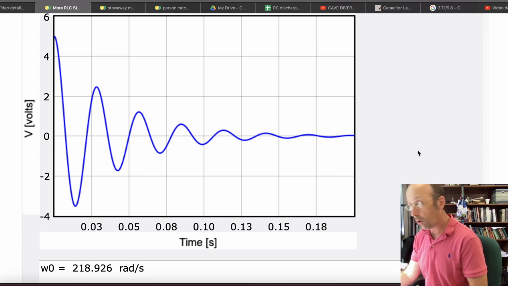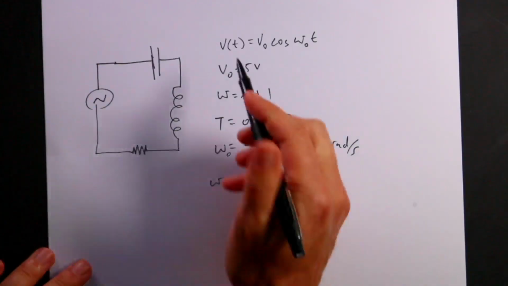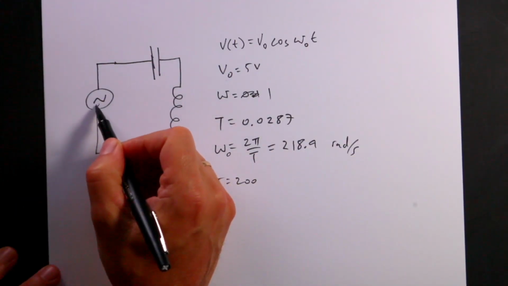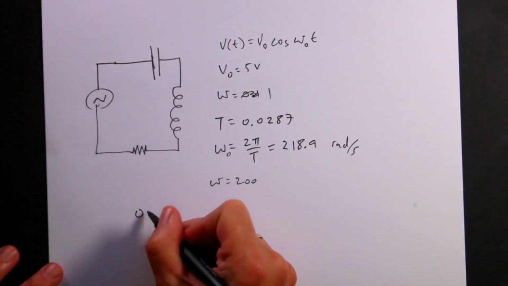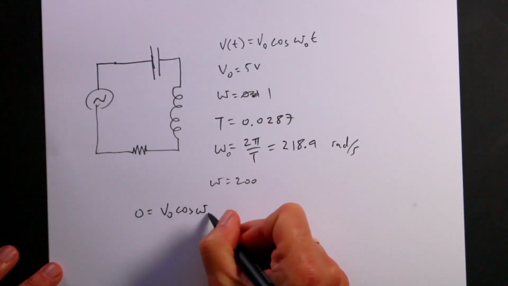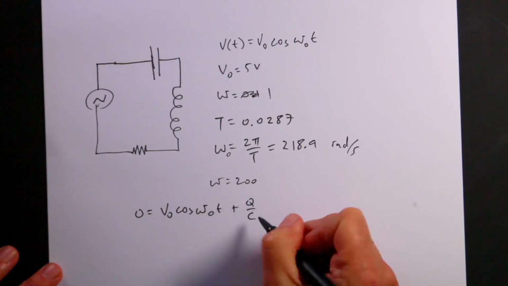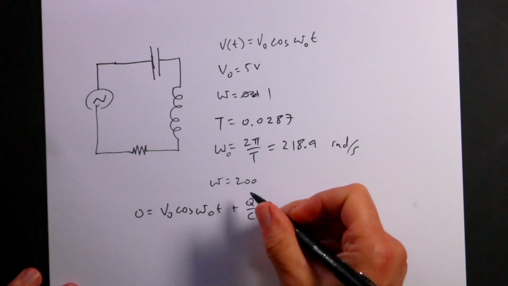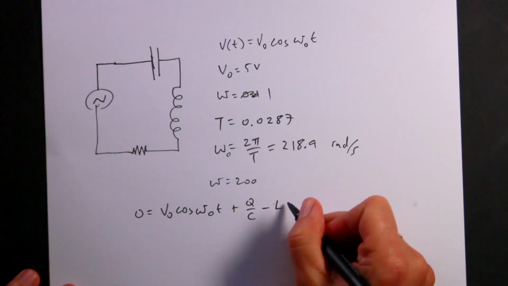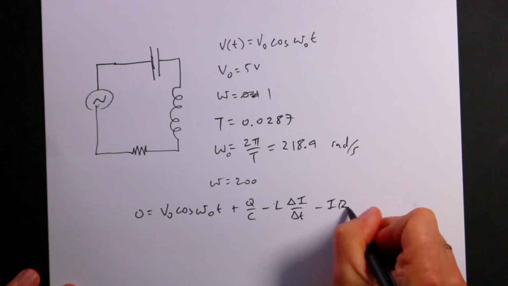So now I need to switch back over here. Again I use the loop rule, and it's the same as before, except I have this voltage in here. So if I go across this, I get 0 equals V0 cosine omega 0 t plus Q over C. I'm trying to think whether that should be plus or minus. And then I get minus L delta I over delta t minus IR equals 0.